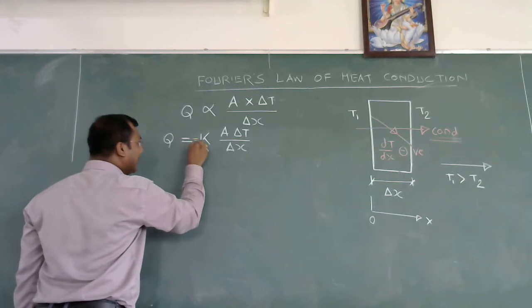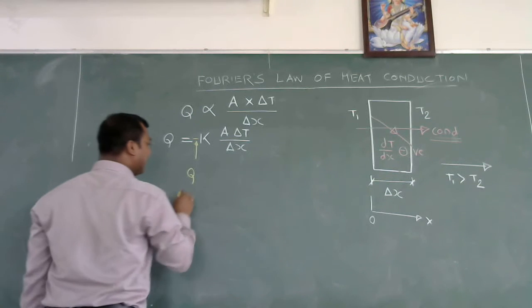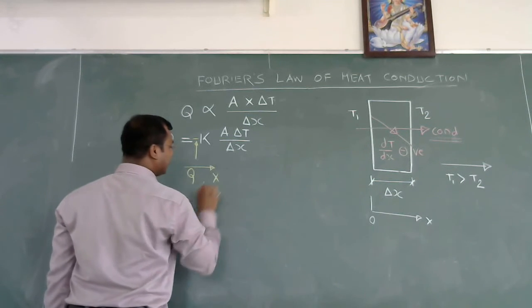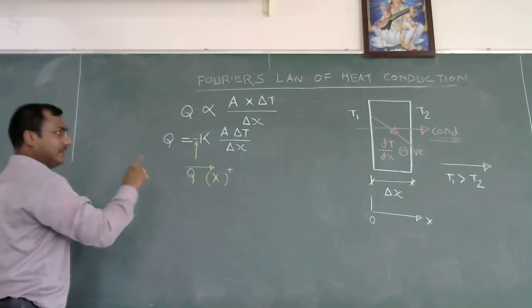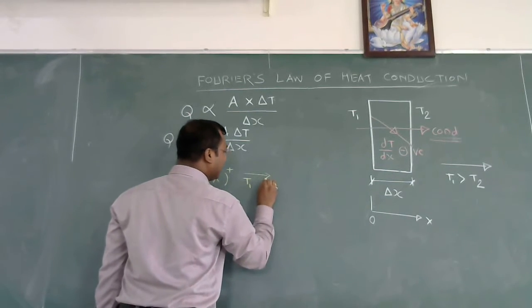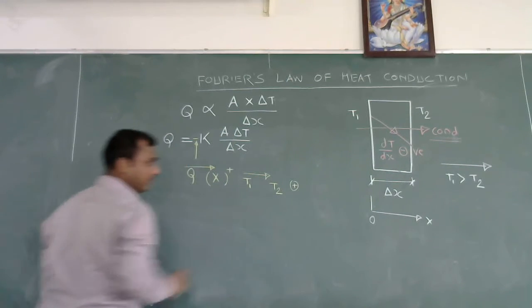This negative sign indicates that the heat transfer is taking place in the positive direction of the x-axis, from surface T1 to surface T2, and Q is a positive quantity.